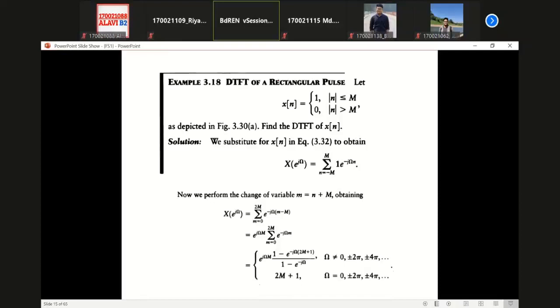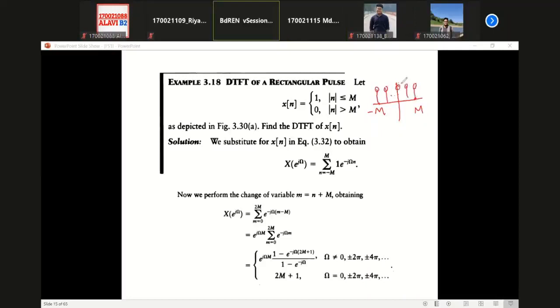Magnitude of n less than or equal to M means n is from minus M to M. That means you have a signal with this value at minus M and this value at M, and this is discrete time, of course. Then your signal is something like this.